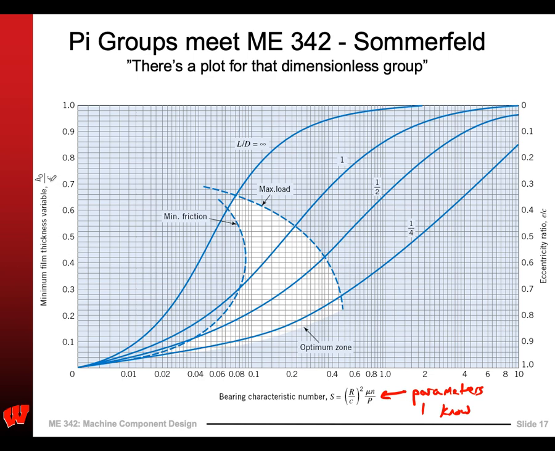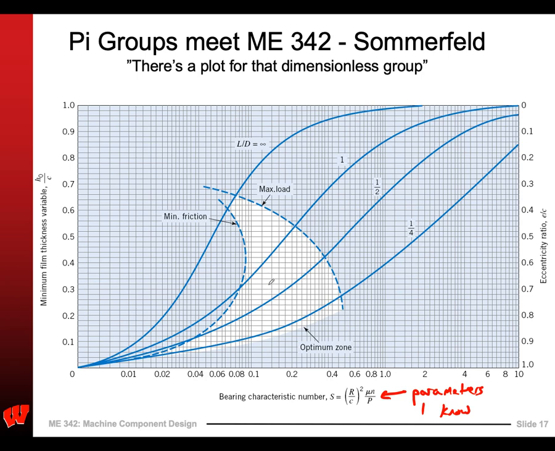I want to make sure that my H0 is at least as thick, probably a few times thicker than the roughness of my material, right? And so this gets non-dimensionalized by the clearance. And I don't want to go much thinner than this because then it won't work. So I want to stay in this white range here, right?